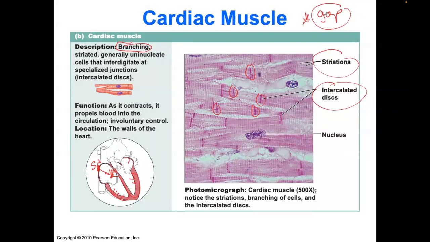It's due to these intercalated discs and the gap junctions that allow the electrical conduction to rapidly send all this information to both upper chambers at the exact same time so that they function in sync, in harmony. The heart muscle is called a functional syncytium, meaning it functions in sync. Intercalated discs, gap junctions, branched, striated.